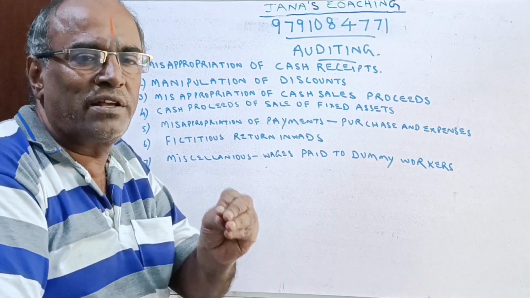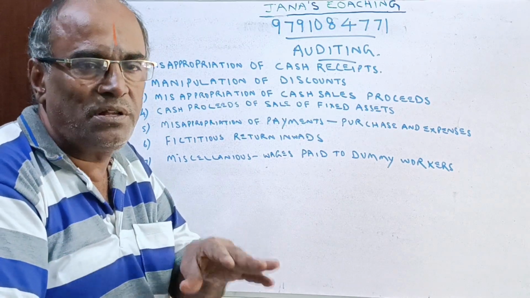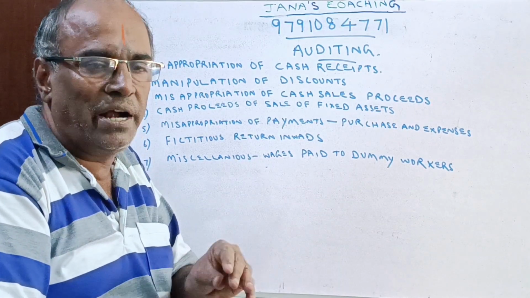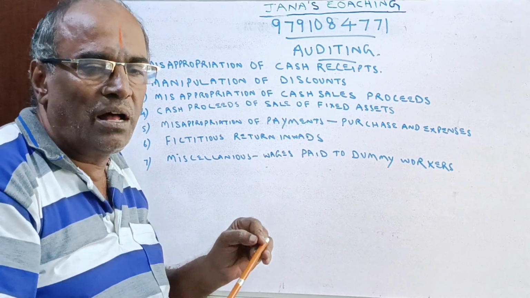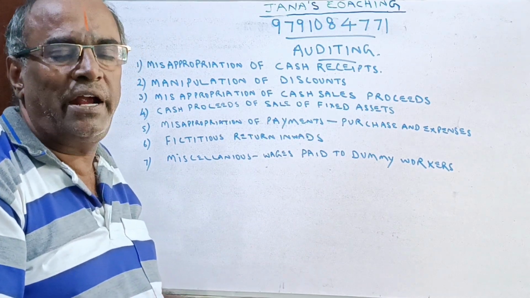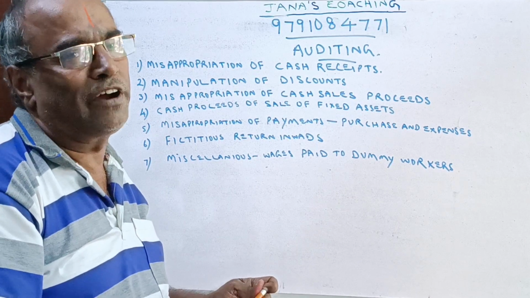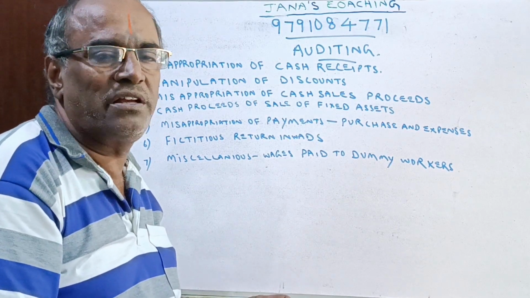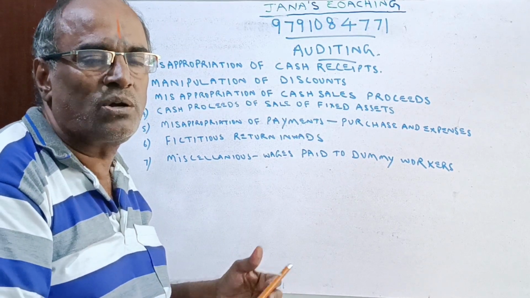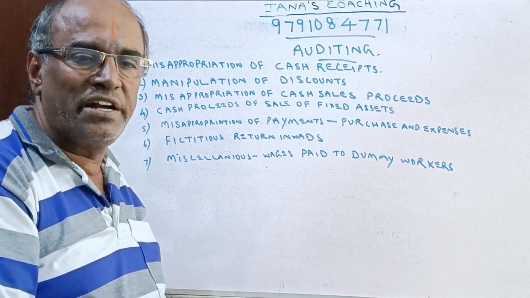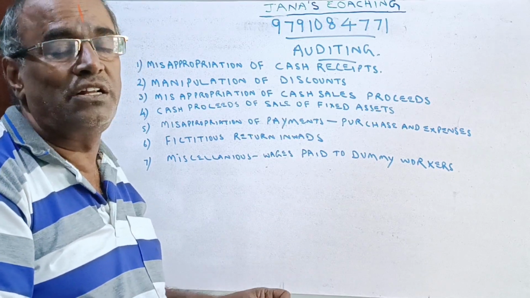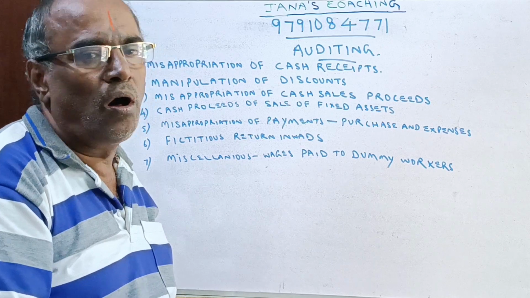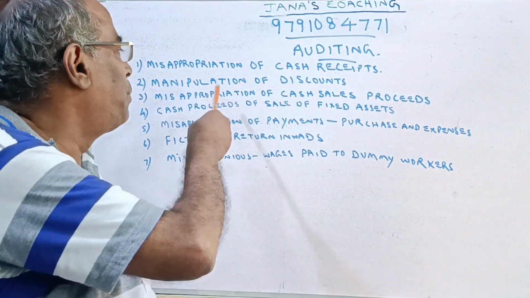For example, 800 rupees they have received, but in the accounting they make a receipt for only 500. The excess discount of 300 rupees is hidden by the cashier, and this will be caught by the auditor. This can happen.